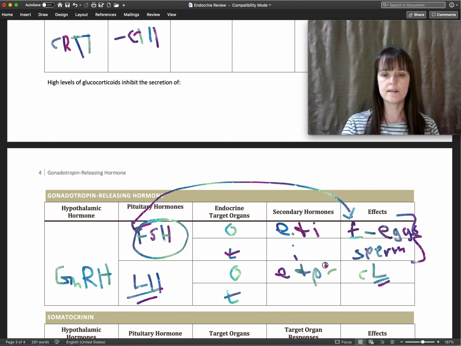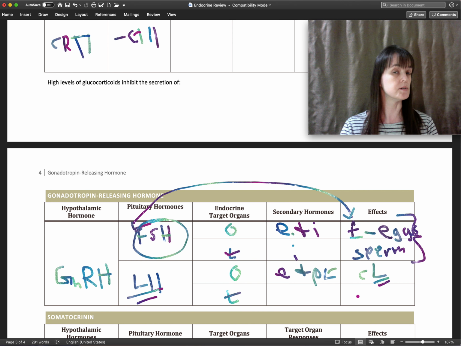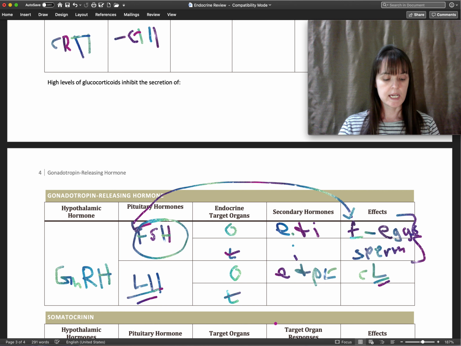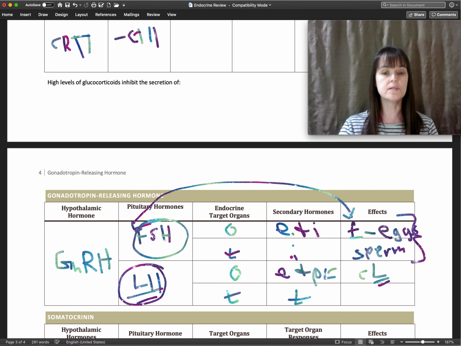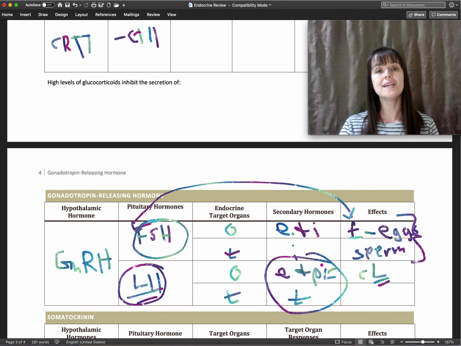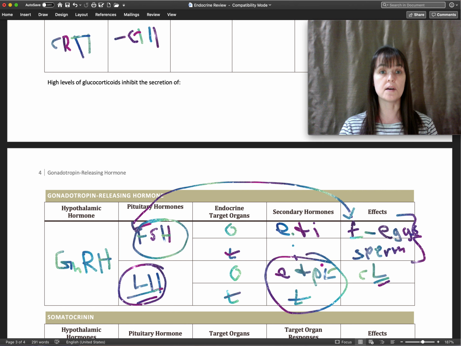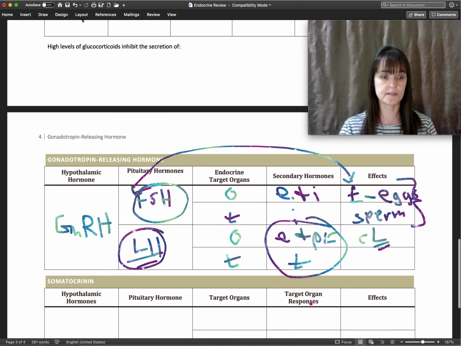And the main hormone to maintain a pregnancy is progesterone. In the testes, it makes testosterone and is important in sperm maturation. So the luteinizing hormone makes the three types of sex hormones: the estrogens, the progestins, and the androgens.